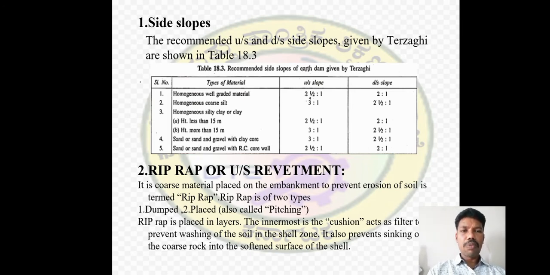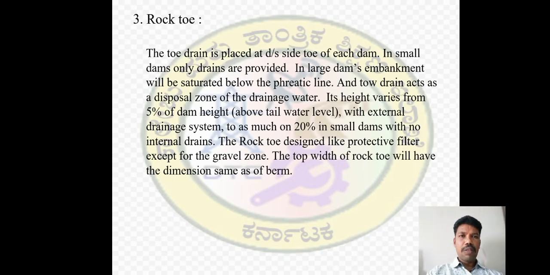For the purpose of drawing, generally we will take 45 cm to 50 cm revetment over a backing of 15 cm gravel backing.